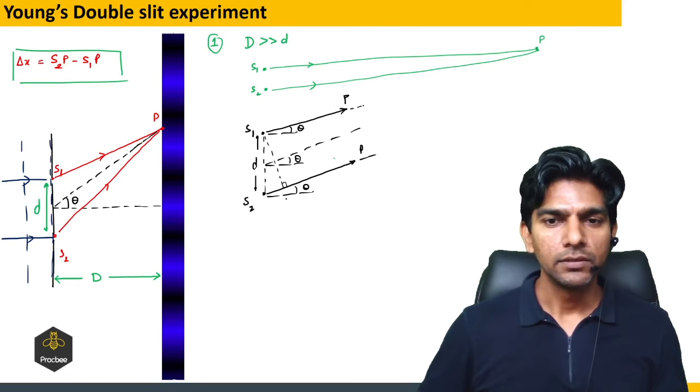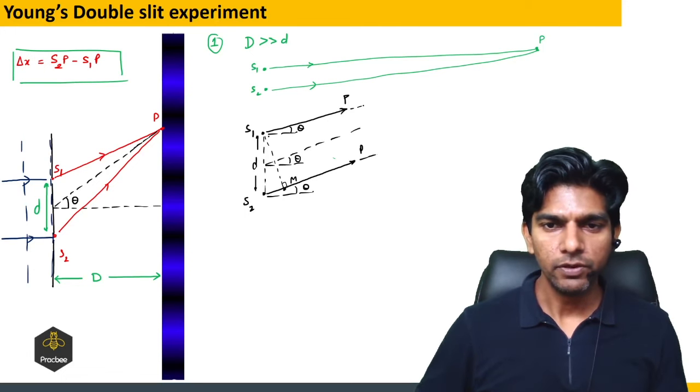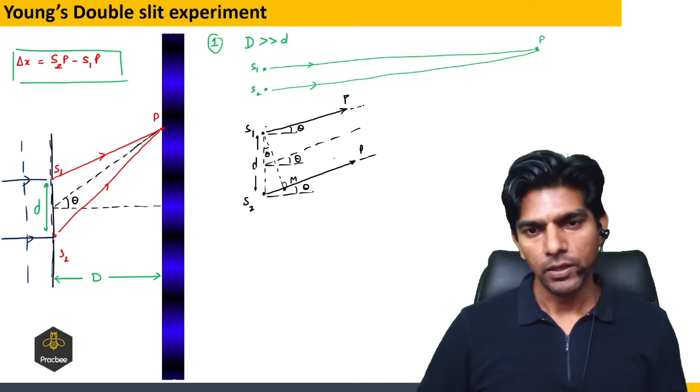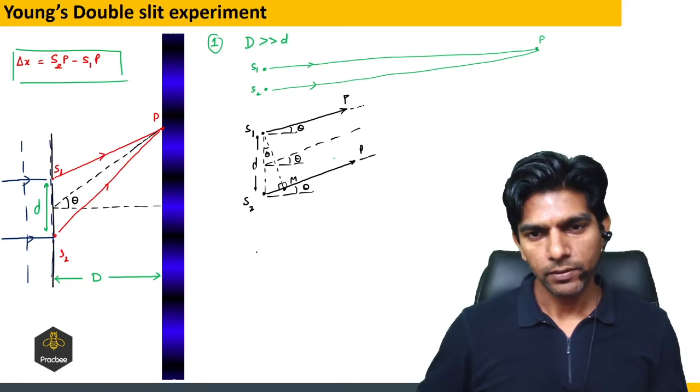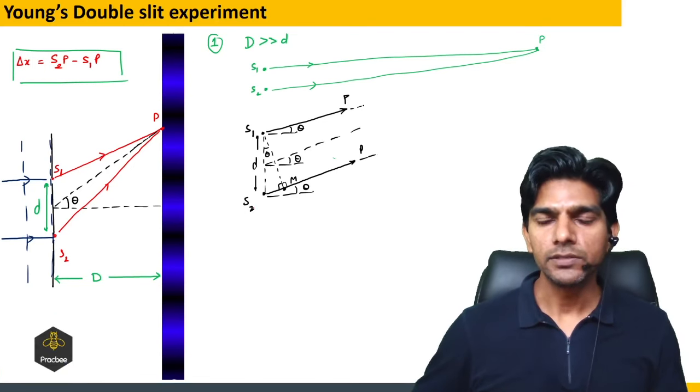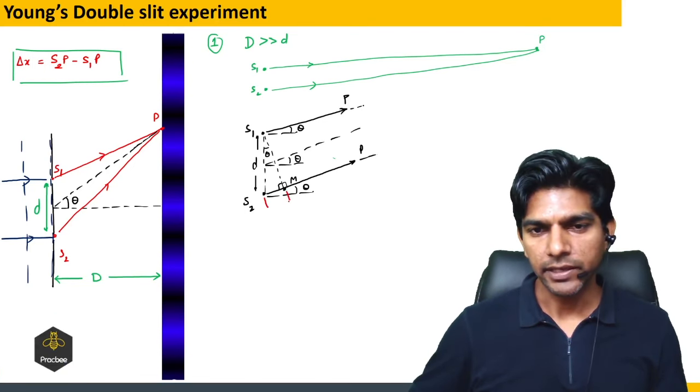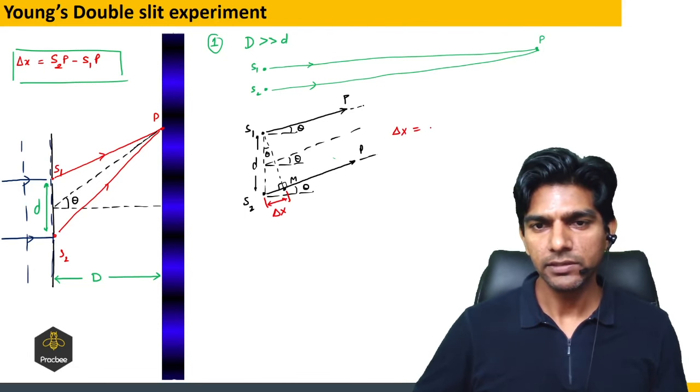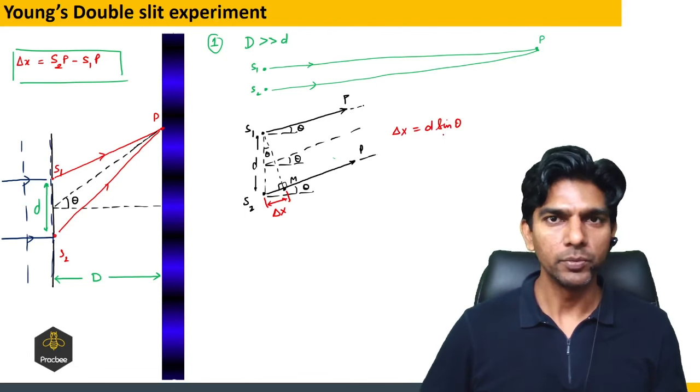So it means this S1M will make an angle theta with S1, S2. Now in this right angle triangle, the path length difference is nothing but S2M. So that is the path length difference delta x. So delta x can be written as d sine theta by using trigonometry.